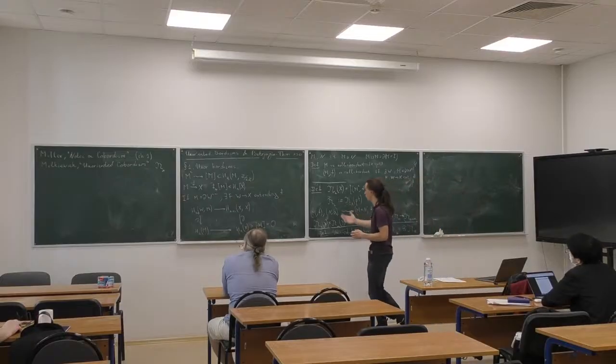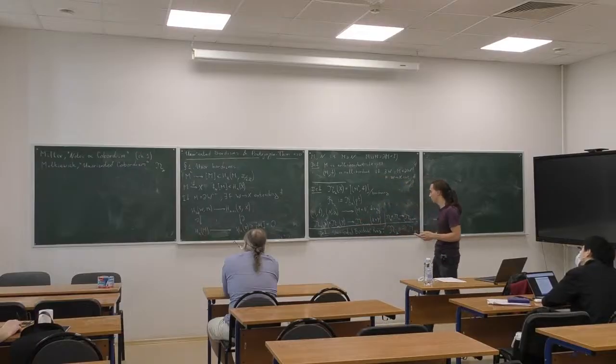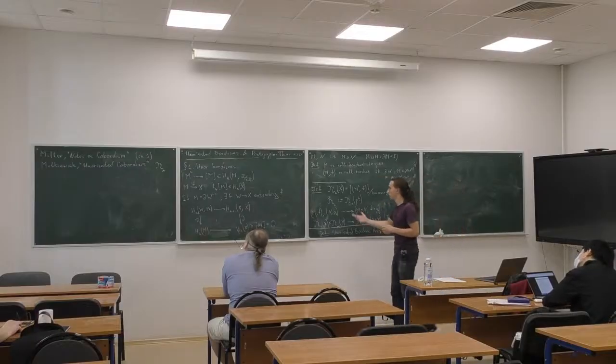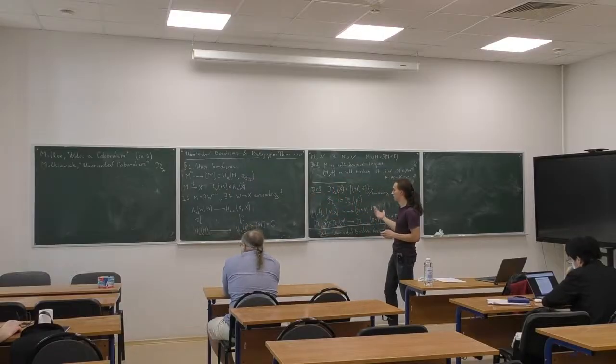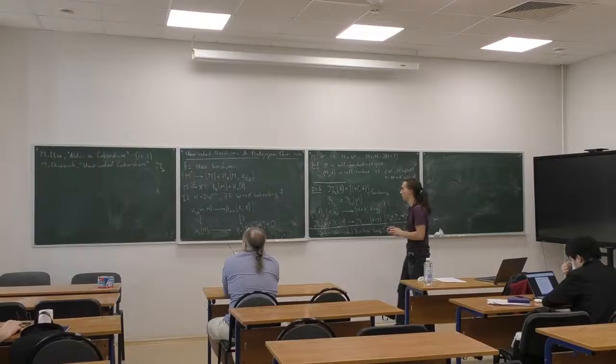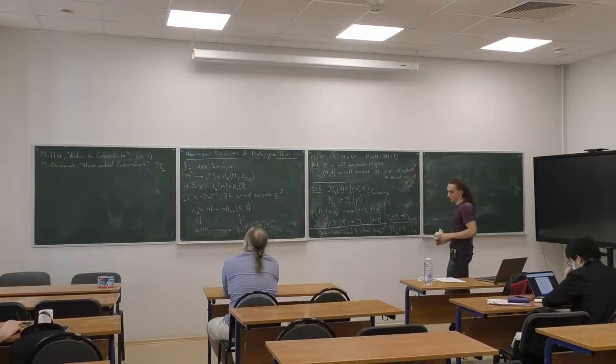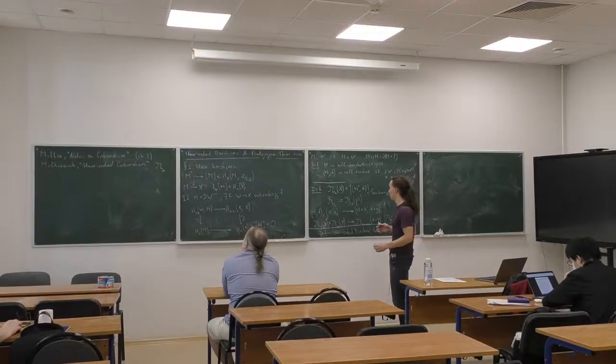We don't know how to compute them. We don't know how to think about them. The Pontryagin-Thom isomorphism will say that these groups are isomorphic to homotopy groups of a very particular spectrum.